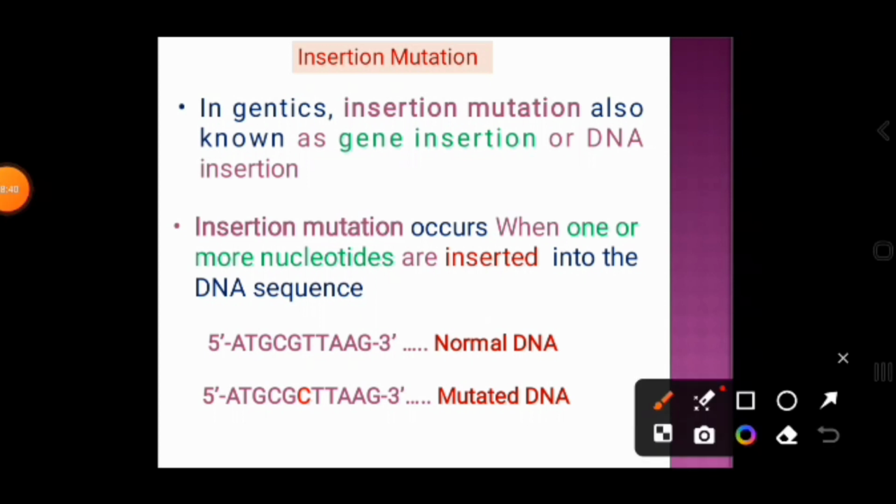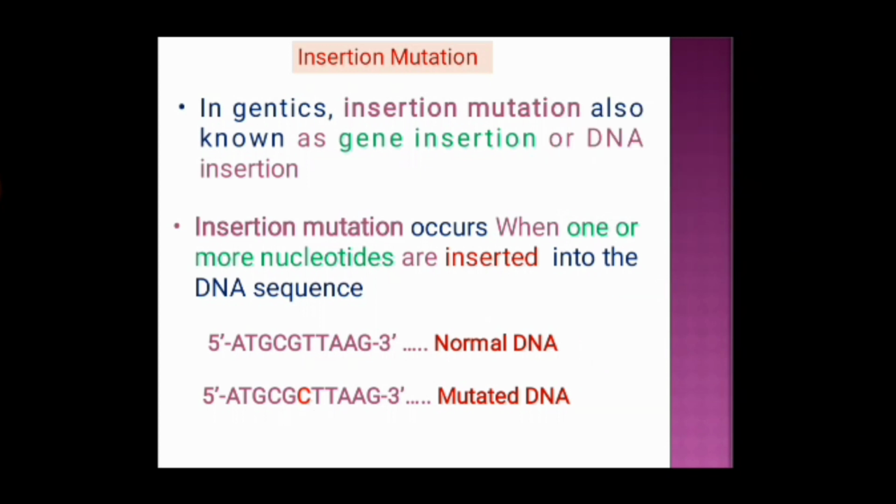This one is the normal DNA sequence and this one is the mutated version, because here at that position there is addition of a cytosine nucleotide. After ATGCG, there is addition of one nucleotide, and that results in the DNA mutation. So it is an insertion mutation due to the addition of a cytosine nucleotide.